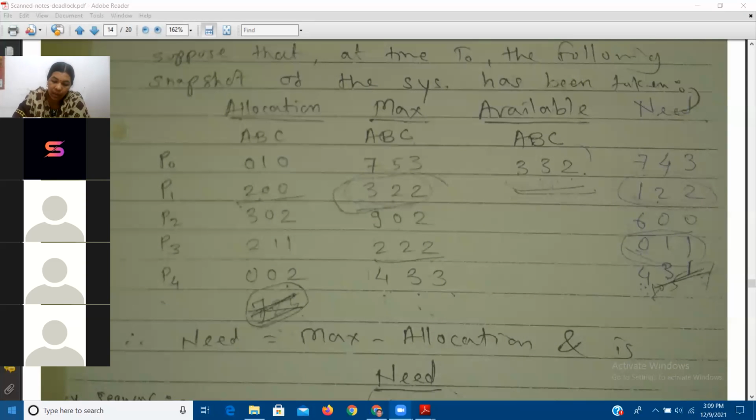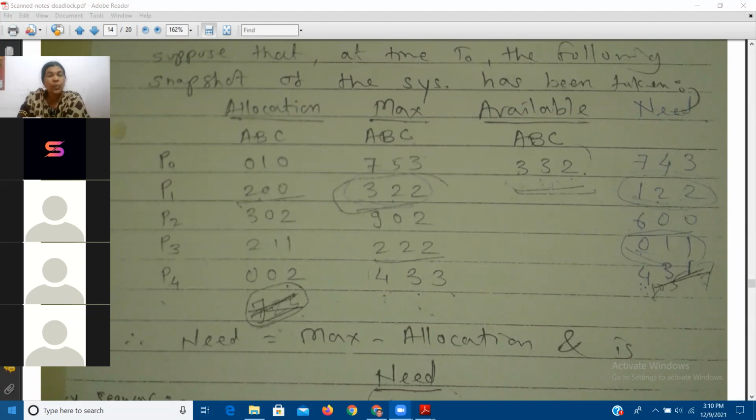So now the work or available becomes 7 minus 4 is 3, 4 minus 3 is 1, 3 minus 1 is 2. So now the available is 3, 1, 2, and we allocated 4, 3, 1 to process P4, and initially process P4 was having 0, 0, 2. So in total we allocated 4, 3, 3 to process P4.